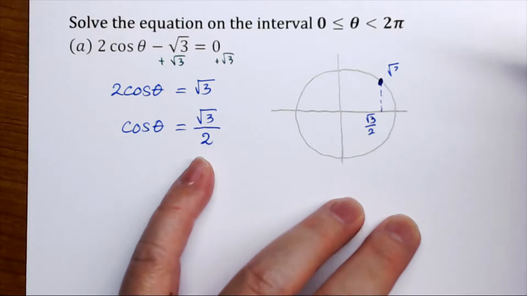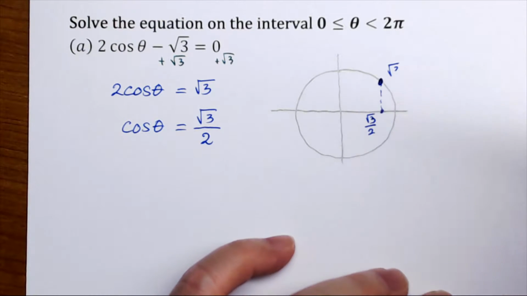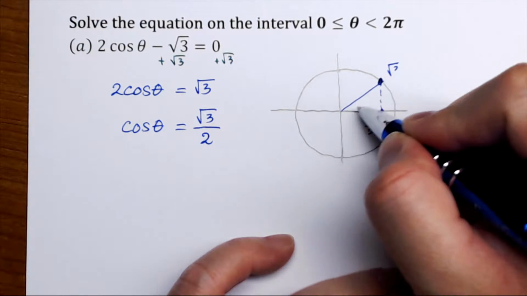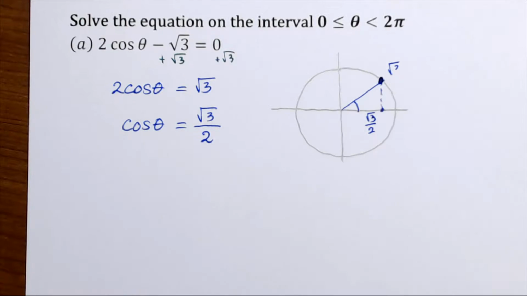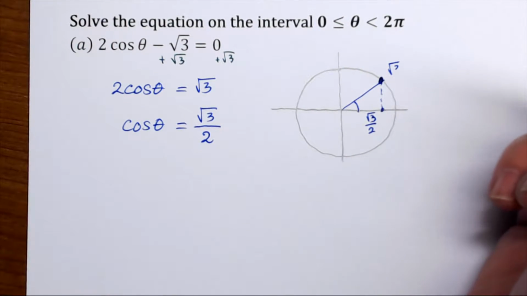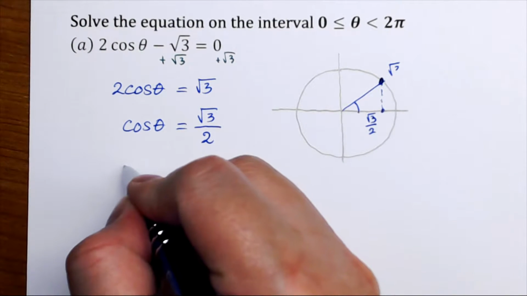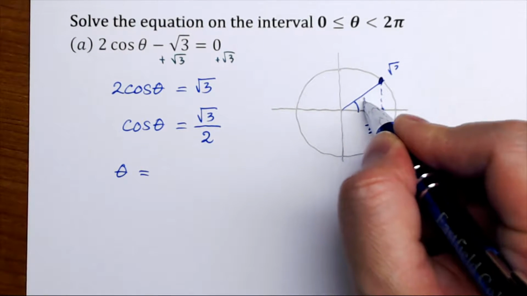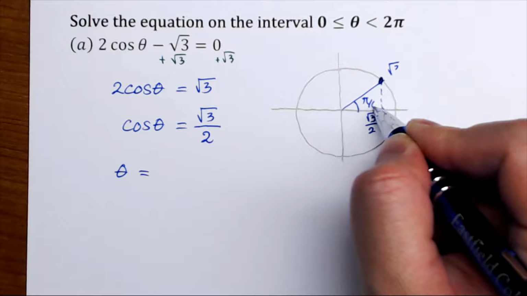Square root of 3 over 2 is that point. Then we have an angle here, so that will be a 30, 60, 90 degree right triangle here. So theta can be equal to pi over 6.